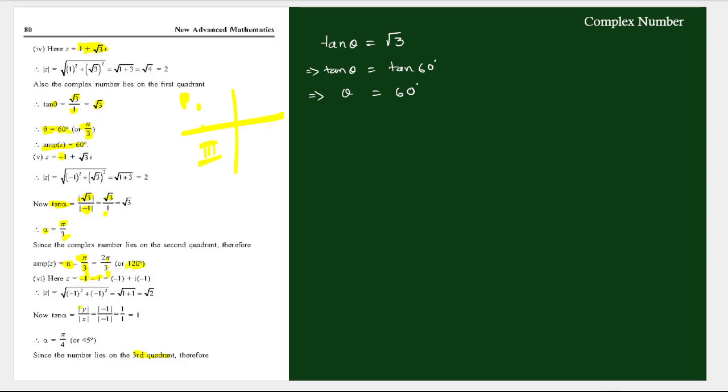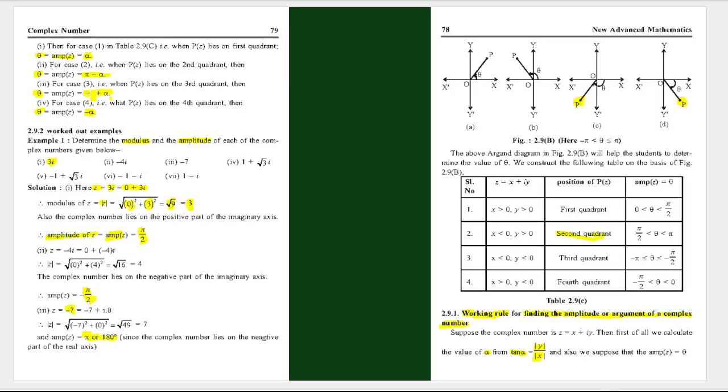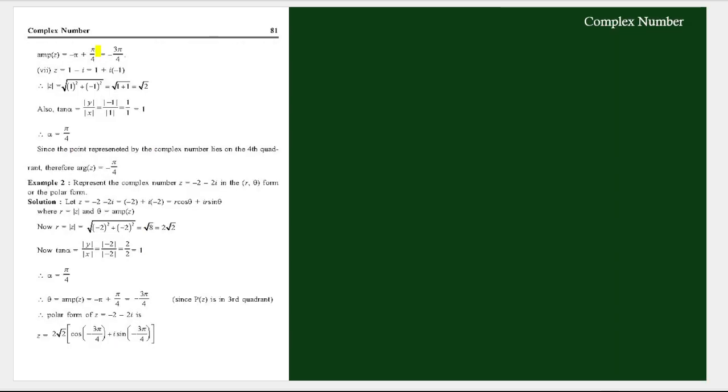So what is the formula? If it is lying in the third quadrant, then minus pi plus alpha. So we have to apply this. Minus pi, alpha is pi by 4, so minus 4 pi plus pi, minus 3 pi by 4.